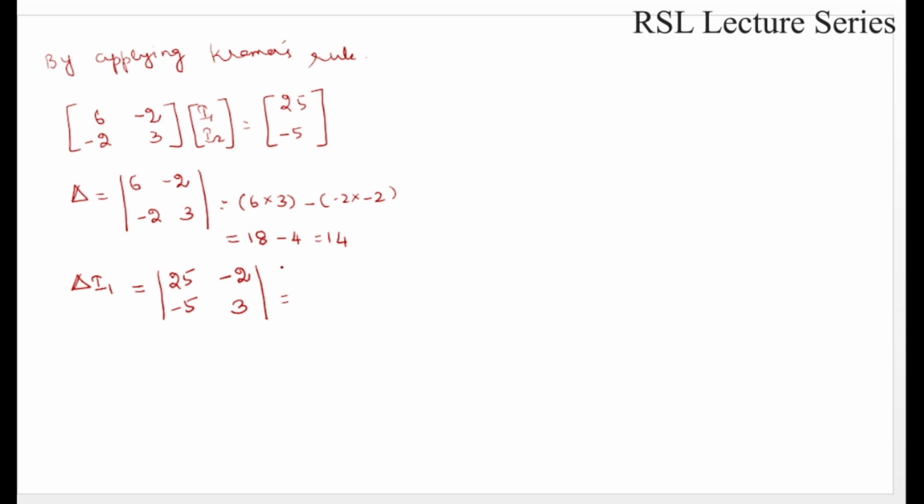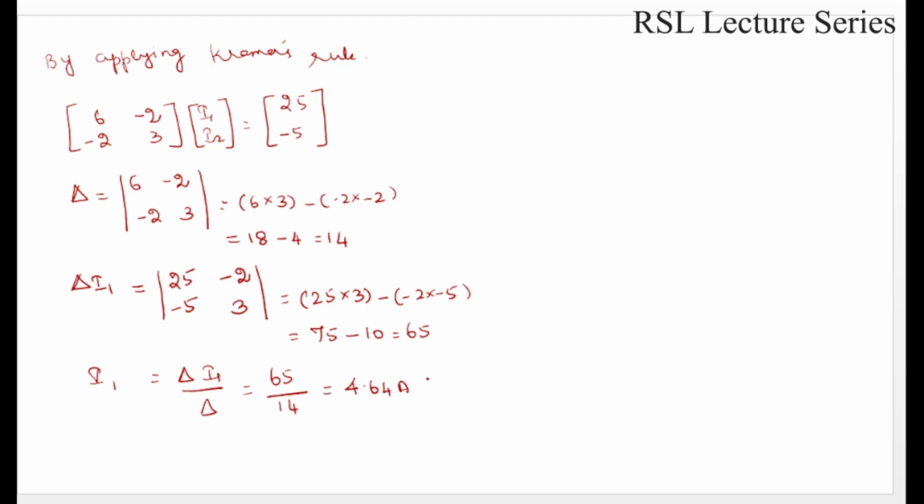Again we find the determinant: 25 into 3 minus -2 into -5. So 75 minus 10, which is equal to 65. Now I1 is given by delta I1 divided by delta, so 65 divided by 14. On solving this we get 4.64 ampere. This is the I1 value.